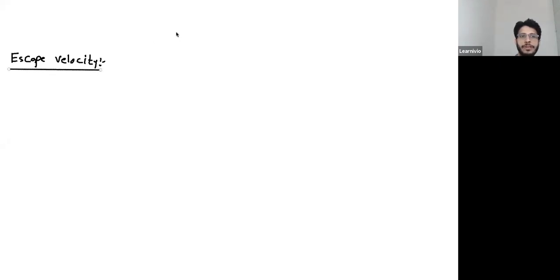So escape velocity is the minimum velocity with which a body must be projected from the surface of a planet so that it escapes its gravitational pull. I'm not writing the formal definition.